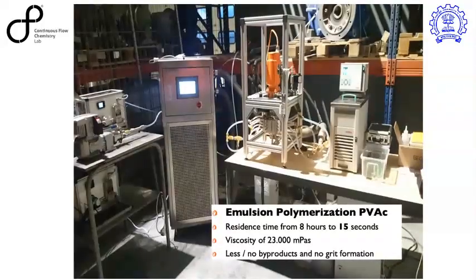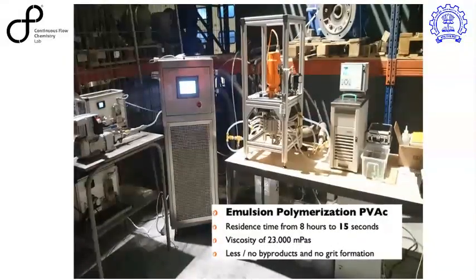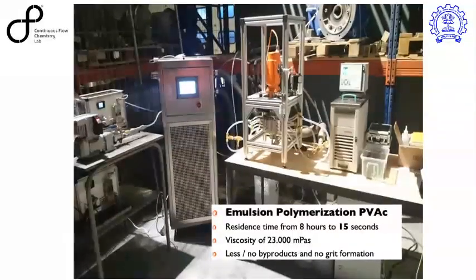Finally, here is an example of the successful scale-up of an emulsion polymerization, wherein the mixing is very critical for controlling the particle size. When the same was explored via continuous flow method, one obtained much narrower particle size distribution. This is one of the reasons that continuous flow reactors also become the first choice for the scale-up of crystallization processes.